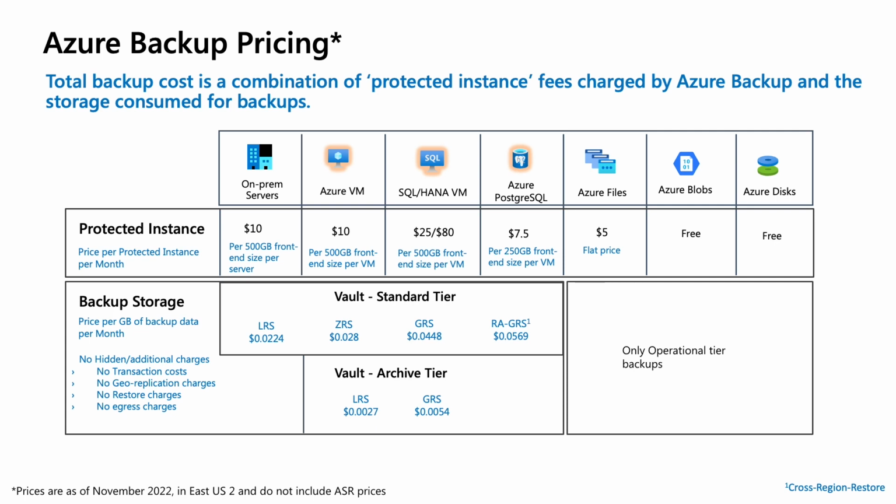An important thing to understand about backup pricing is there are no transaction costs, no geo replication costs, no restore charges, and no egress charges. We have ensured that the customers have simple pricing for Azure Backup. Vault Archive tier will save you cost for your long-term retention LTR data, which we'll see in further slides.